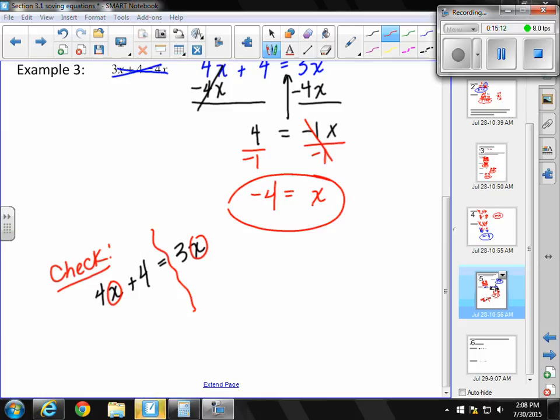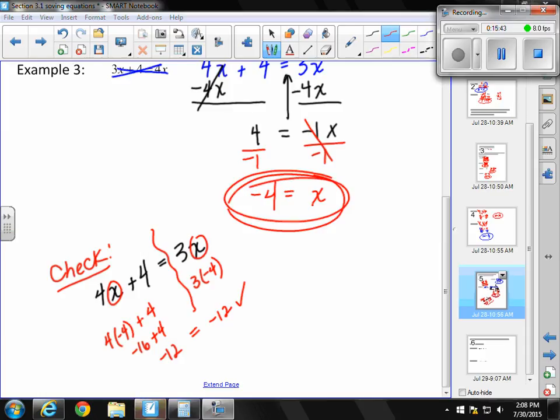So if I replace x with -4, I'm going to have 4 times -4 plus 4. 4 times -4 is -16 plus 4 is -12. On the other side of the equation, when I replace x with -4, and I always wrap it in parentheses when I do that, 3 times -4 is -12. The left-hand side is equal to the right-hand side, so check. I know I have the correct answer. My correct answer is x equals -4.